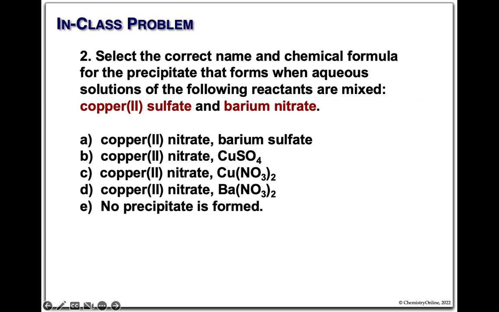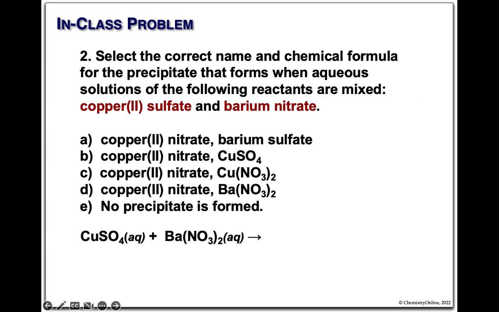All right, here we are reacting copper(II) sulfate and barium nitrate. We're going to get a precipitate. We want to know the chemical formula of the precipitate that forms. Well, this is a double replacement reaction. So our copper sulfate and barium nitrate are going to exchange ions.